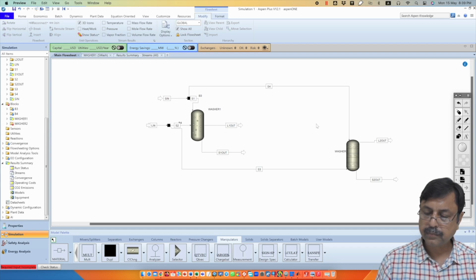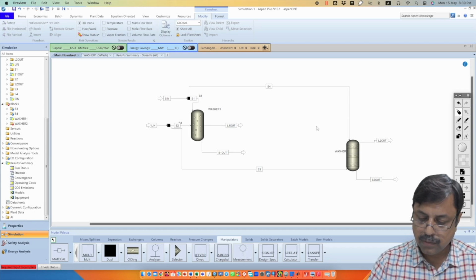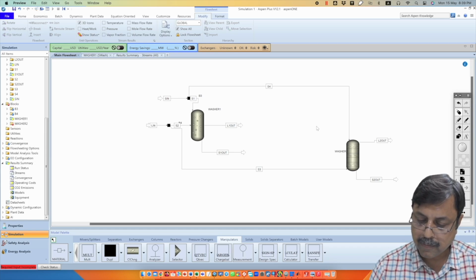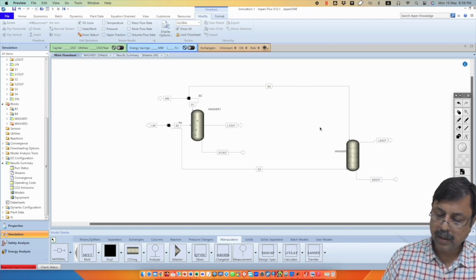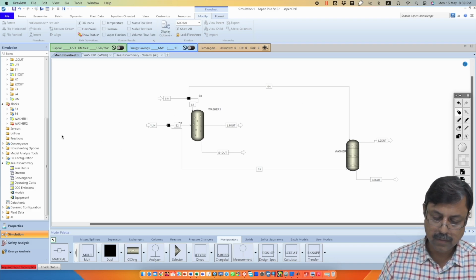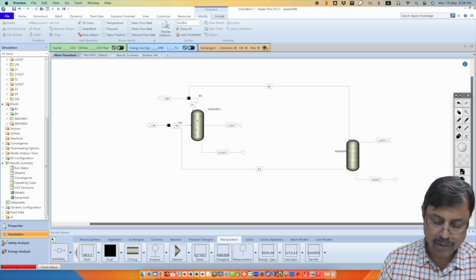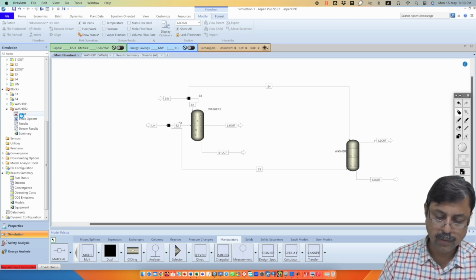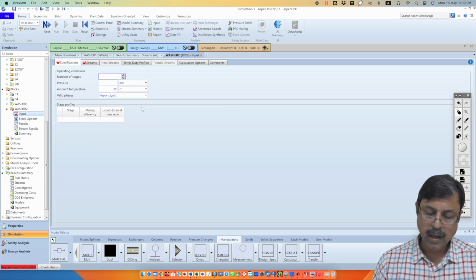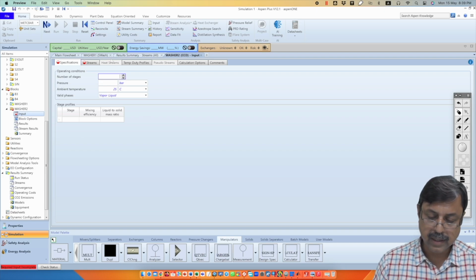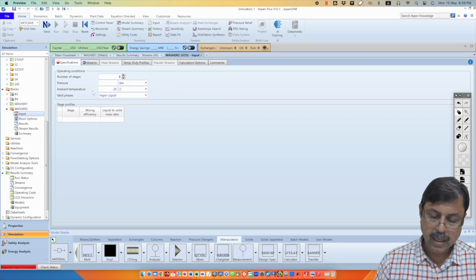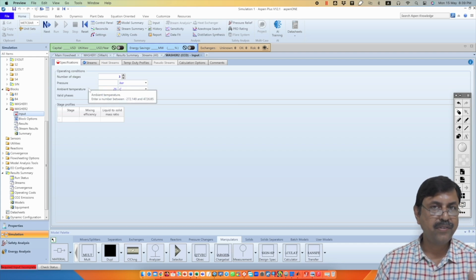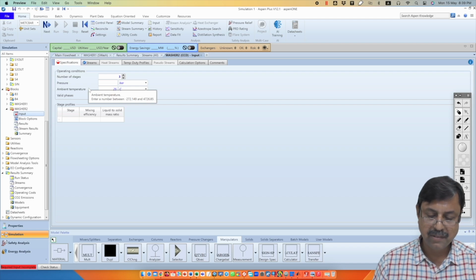Okay, so now everything is set, all the inputs are defined, only the washer has to be set. So washer input, number of stages, 3 stages. So we have 3 stages. Now here the flash condition is mandatory. Remember, the flash condition is mandatory over here.